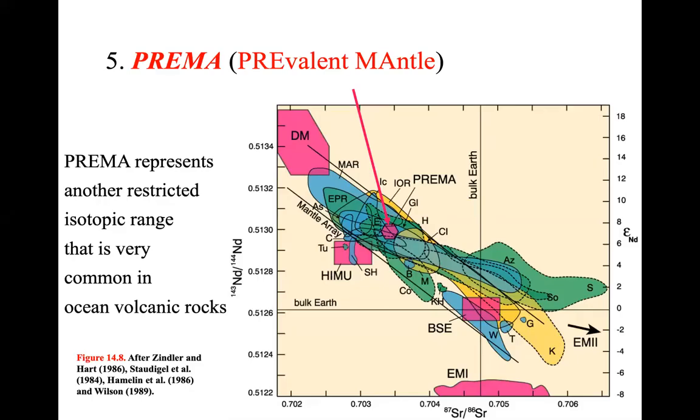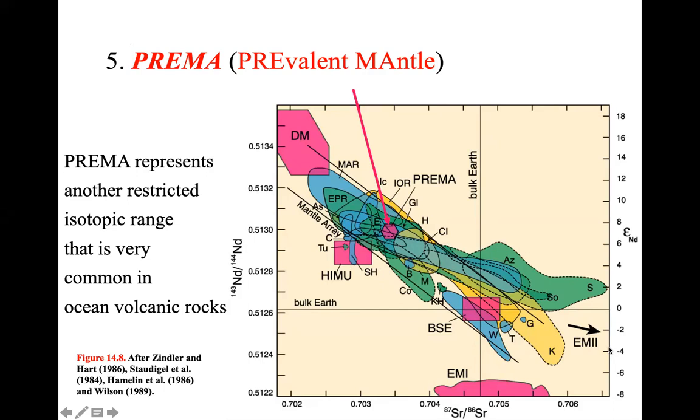Okay, I think we came up to prevalent mantle composition last time when introducing the mantle reservoirs. Here you can see the depleted mantle component and the bulk silicate earth, EM1 and EM2.